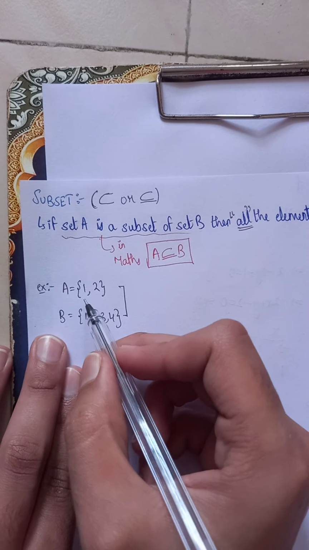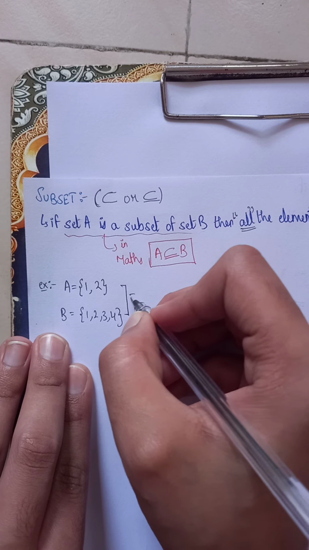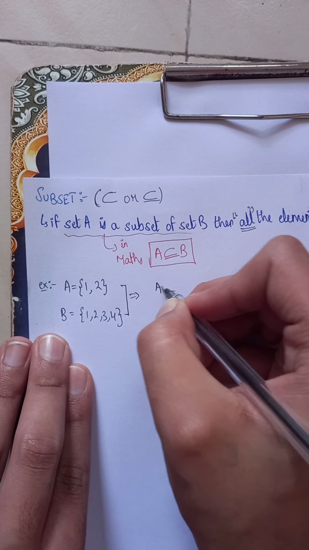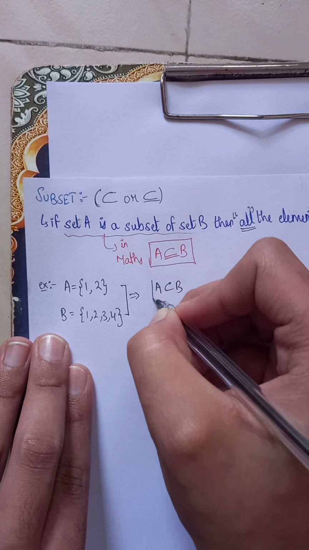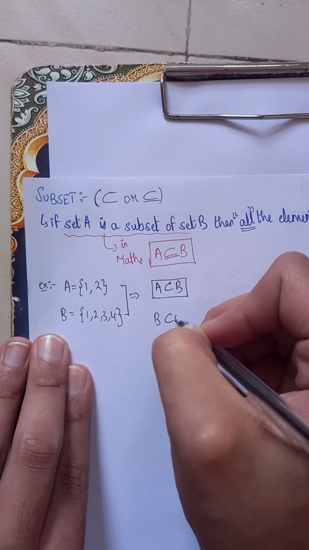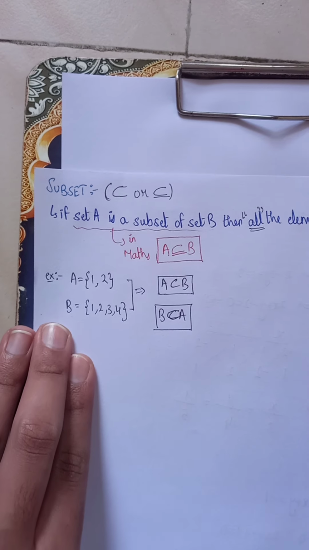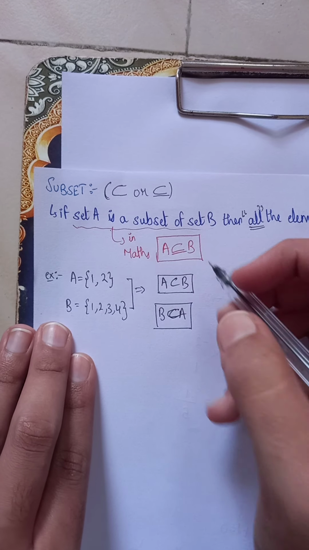Set A is 1 comma 2 and set B is 1 comma 2 comma 3 and 4. So if I write A is a subset of B, and B is a subset of A, which of them is true?